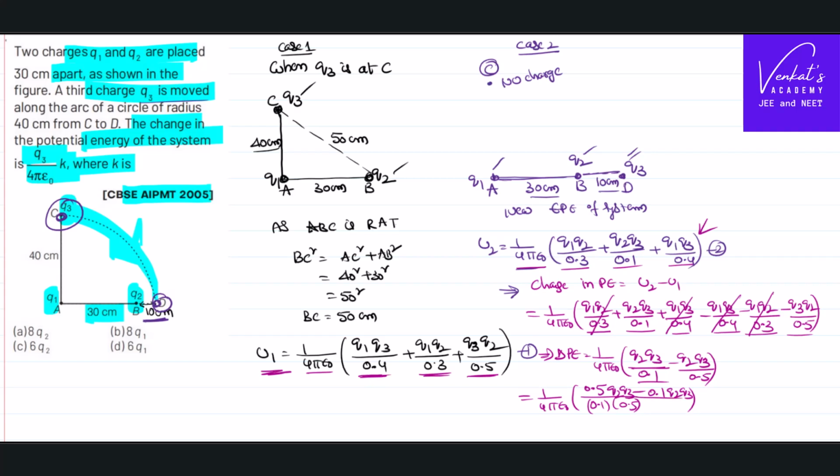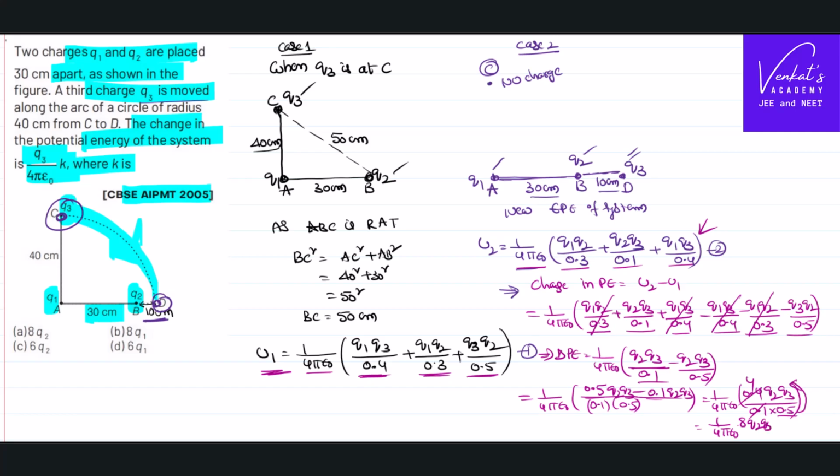Let us simplify this. 1 by 4 pi epsilon naught, 0.5 minus 0.1 is 0.4, Q2 Q3 by 0.1 and 0.5. This 0.4 by 0.1 becomes 4. This 0.5 in the denominator becomes 2. 2 into 4 becomes automatically 8. So what will be that value? 1 by 4 pi epsilon naught 8 Q2 Q3.